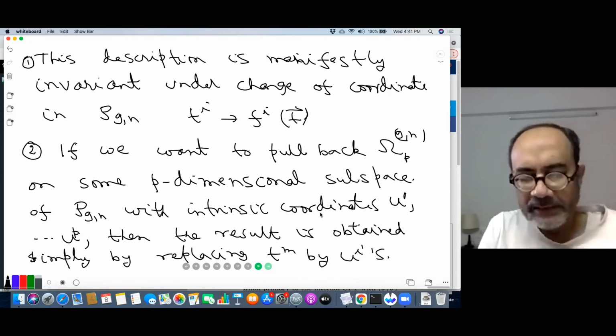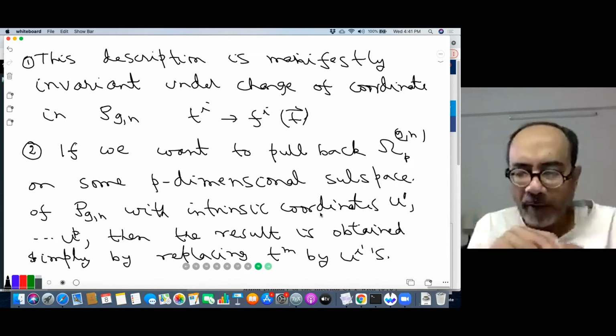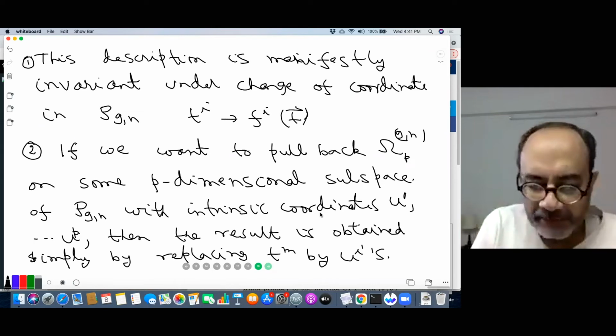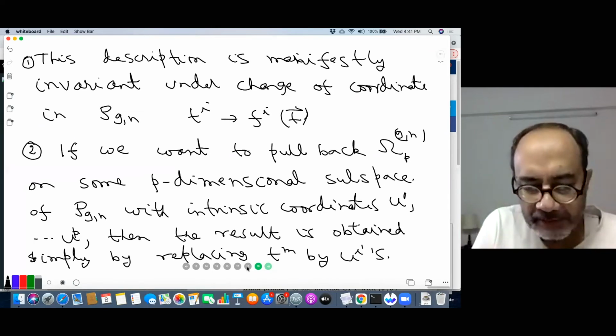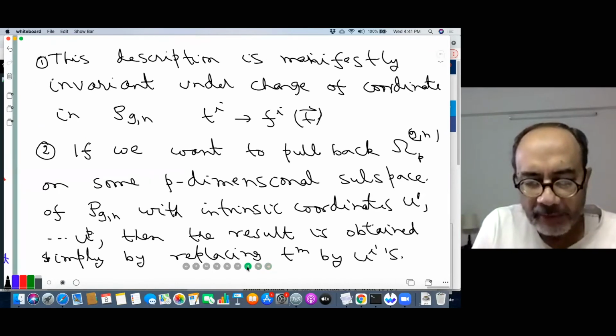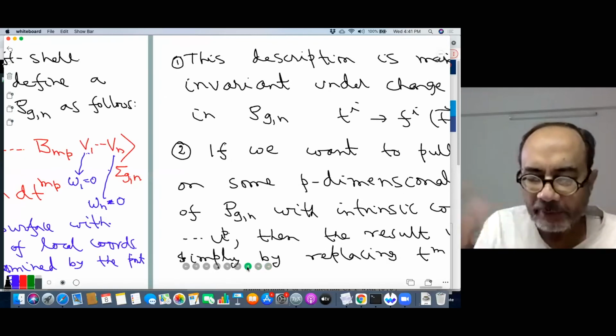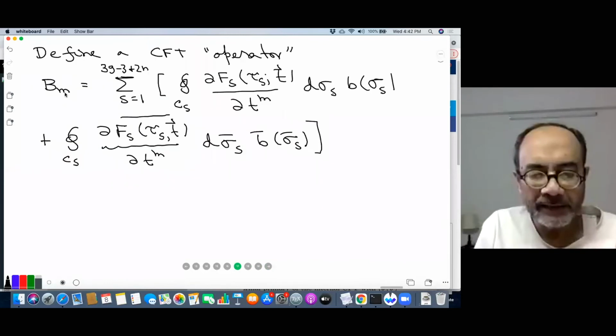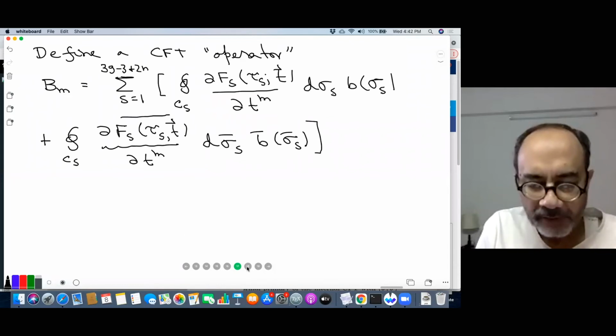Okay, in other words, suppose you are not interested in computing the form everywhere, but just its pullback on some p-dimensional subspace. You label this p-dimensional subspace by some set of coordinates u1 to up. Then for this b, you define the corresponding component using u. So you take the derivative with respect to u_k here, and here you contract with du_k.